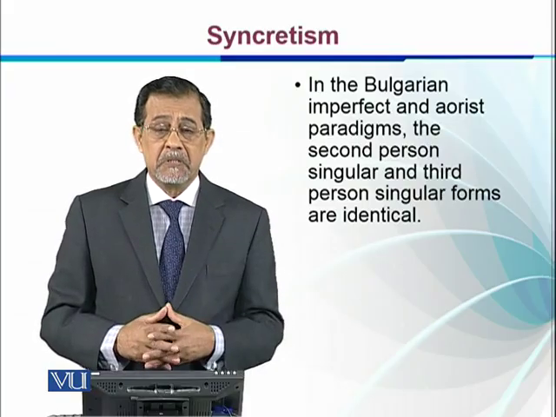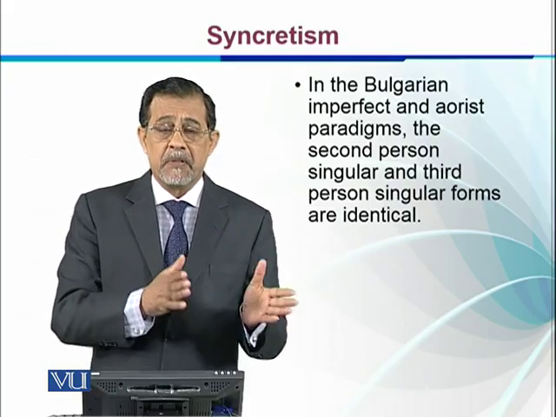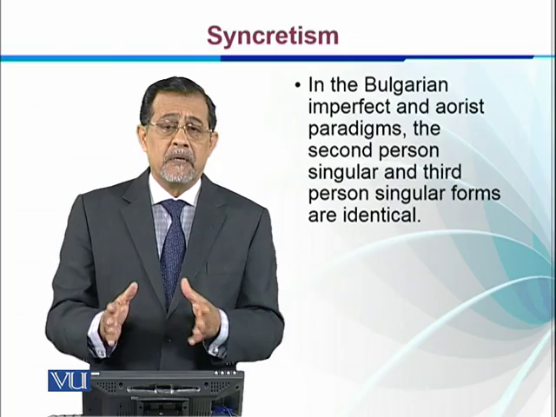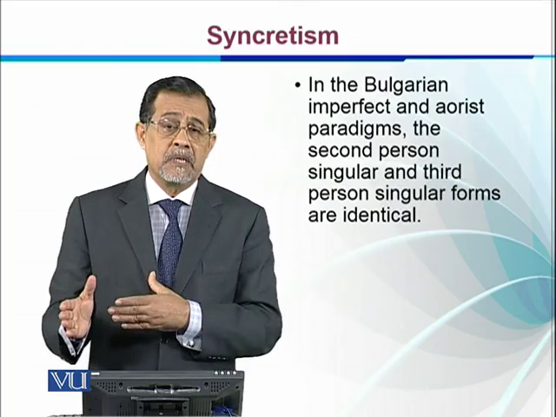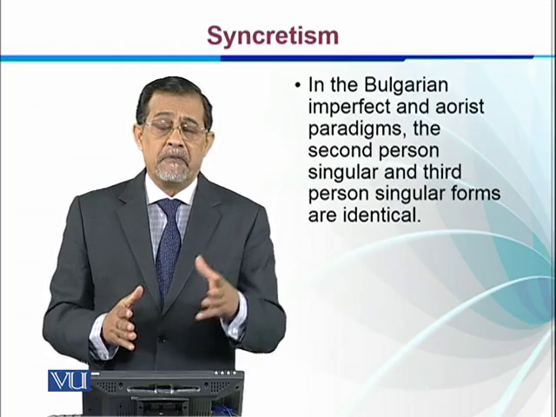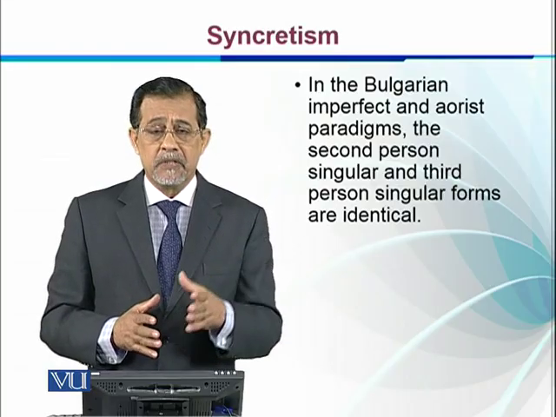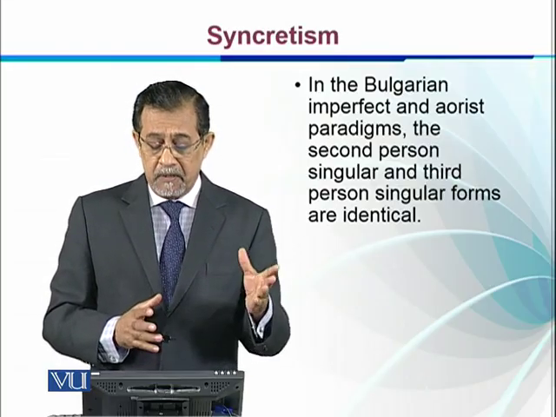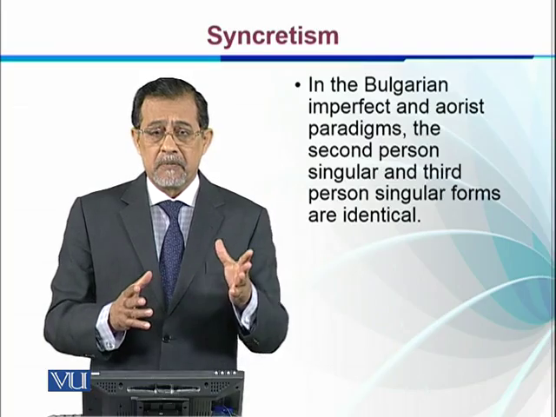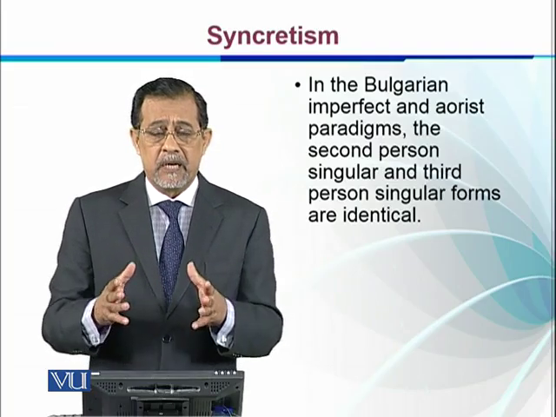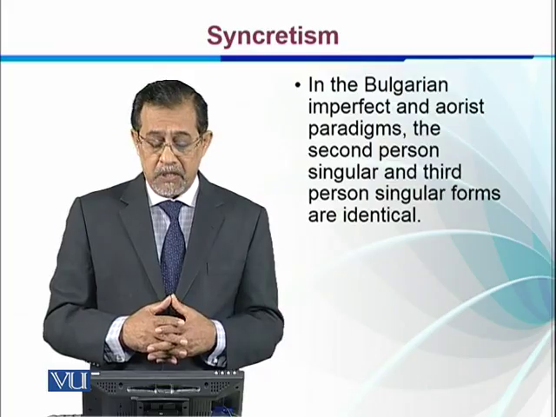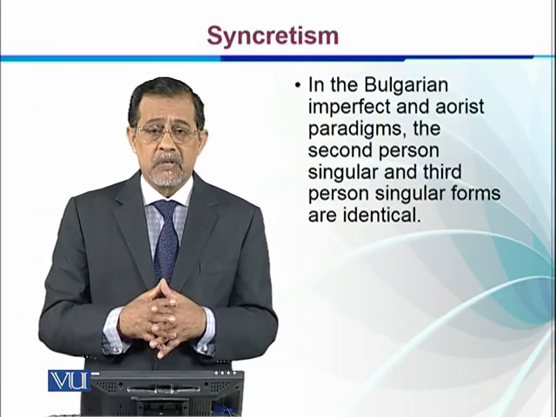In many languages, the second person form and the third person forms are the same, or in some languages they are different. For example, even in English, second person, first person are and third person plural are the same, but third person singular and the rest are different.